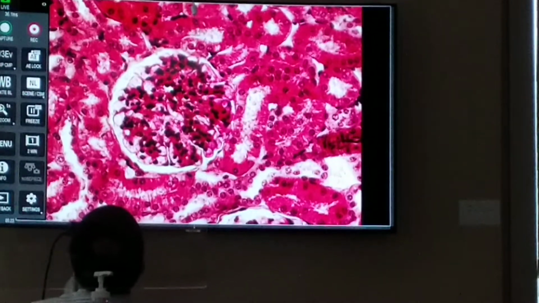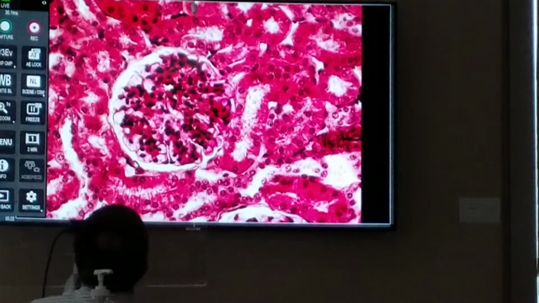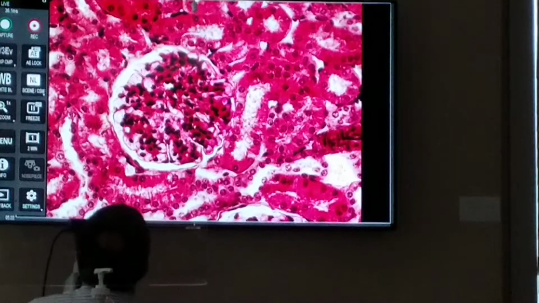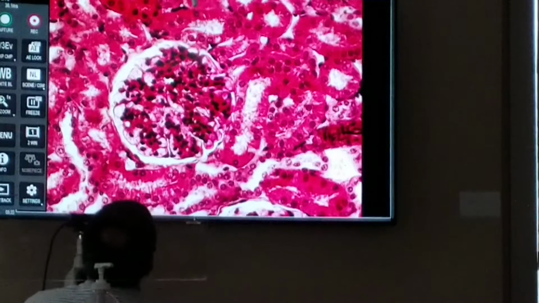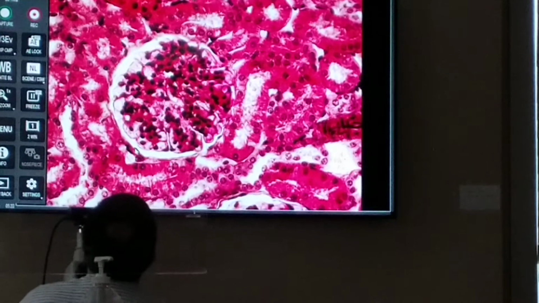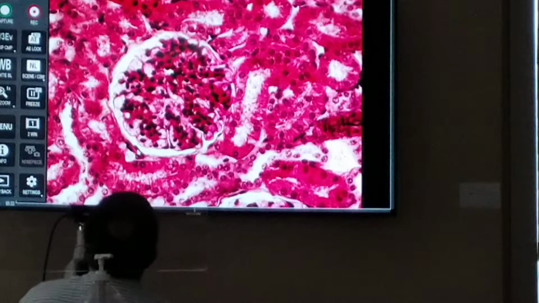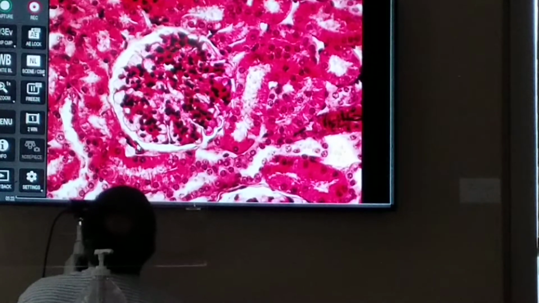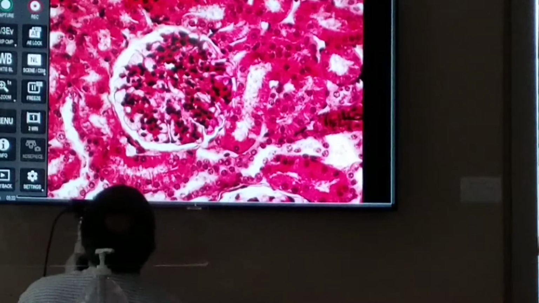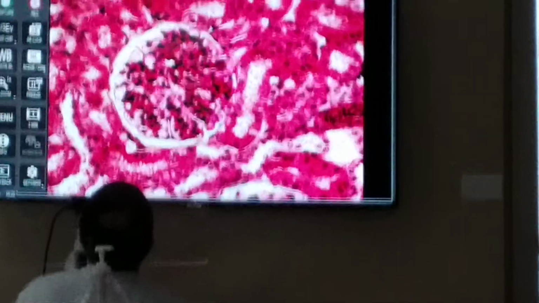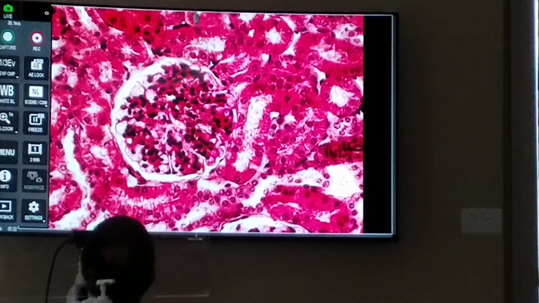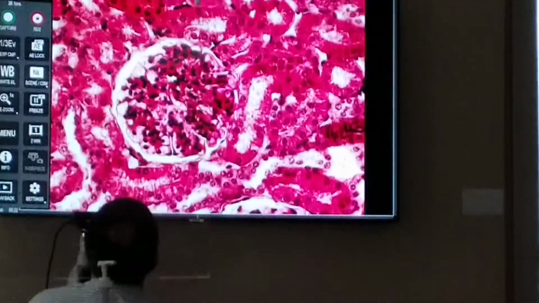Now, this outer margin of the capsule here is the parietal layer of Bowman's capsule. You can't see many nuclei, but that's one. The lining is a simple squamous epithelium. There's one squamous cell. There are others here. This one's not so easy to see. Here's one. Here's one. So Bowman's capsule is lined by a simple squamous epithelium.